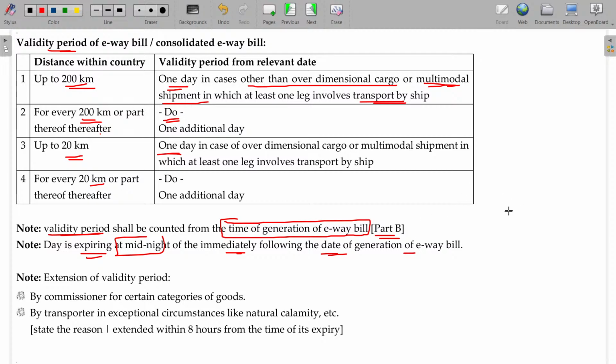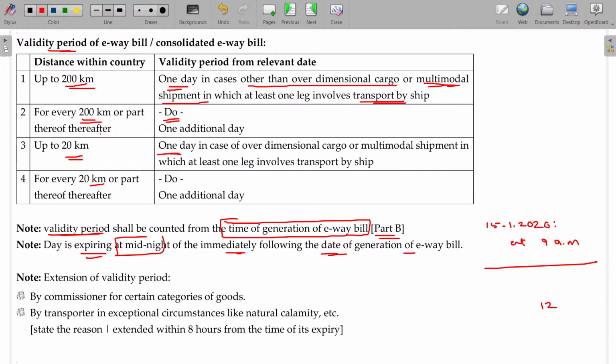If you generate the e-way bill on 15th Jan 2026 at 9 a.m., when will it expire at midnight?